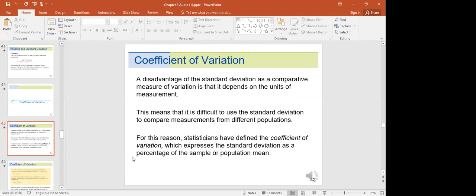Now, it happens that most of the time, data are not of the same unit. Some data are in tens or hundreds. Some data could be in order of millions. So naturally, if you are working on data in the order of millions, the standard deviation will be in millions. If you are working with data in the 100s, the standard deviation will be in the 100s.